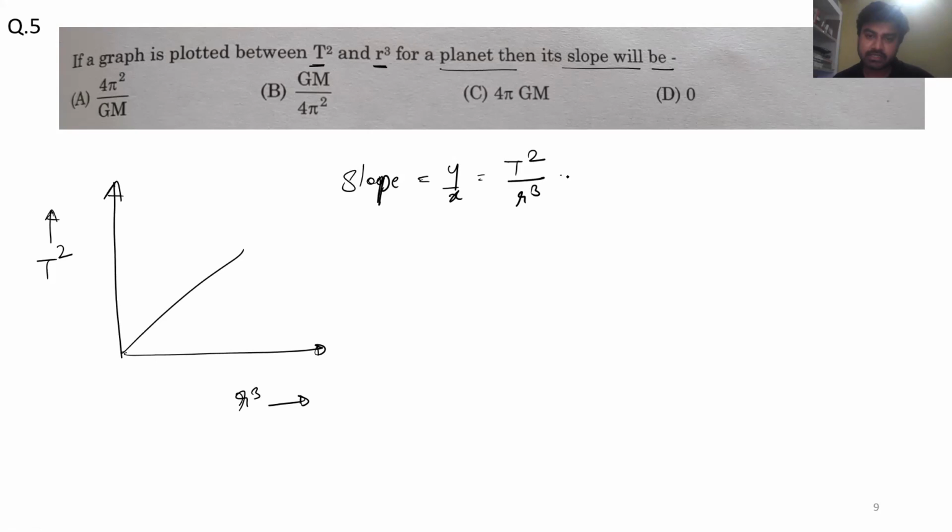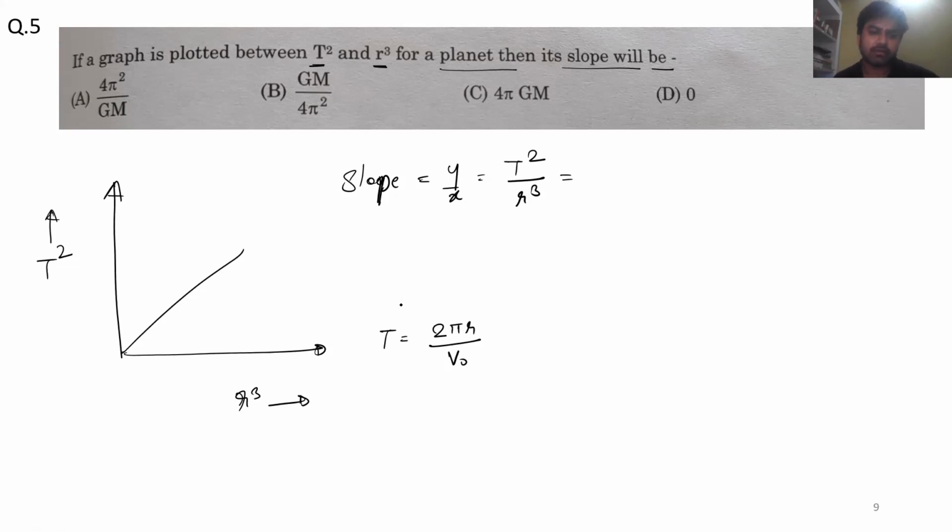T is the time period, which is total distance 2 pi r divided by the velocity, let's say v naught, the orbital velocity, because the planet revolves around the sun.